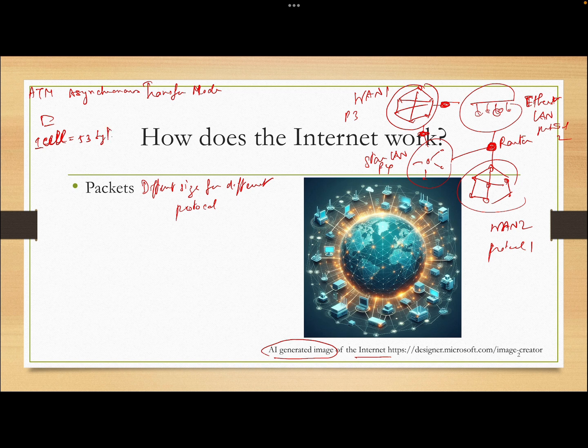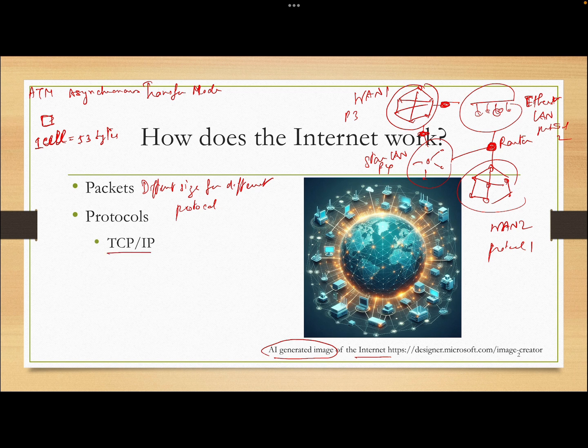This is very small. Usually it will be thousands of bytes for one packet. So you can see that different protocols can have different sizes of packets. And the protocol is the main thing that we talk about.